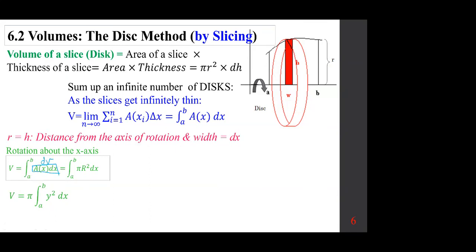And what I like to do is call this pi r squared dh, because you have to figure out whether it's dx or dy according to what you have. And so if we stick with that, just the way they have it, this becomes y, because, class, this height is what?